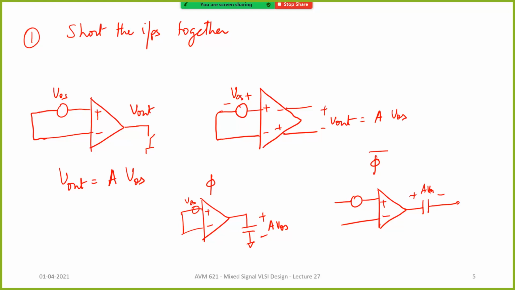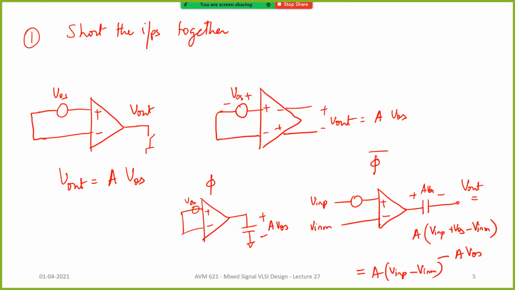As long as you don't draw current through this op amp, it is going to act like a battery in series, and therefore V out can be written as A times (V in P plus VOS, minus V in M) minus A times VOS, which is equal to A times (V in P minus V in M). Something similar can be done with the differential case also.